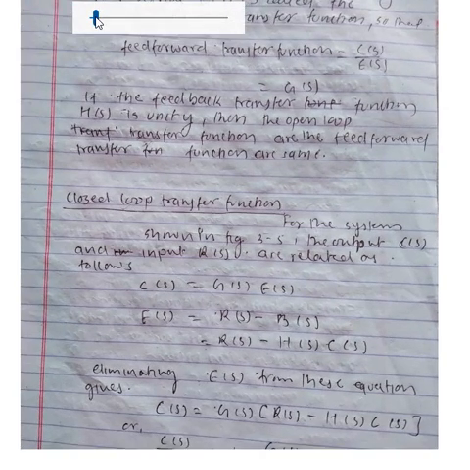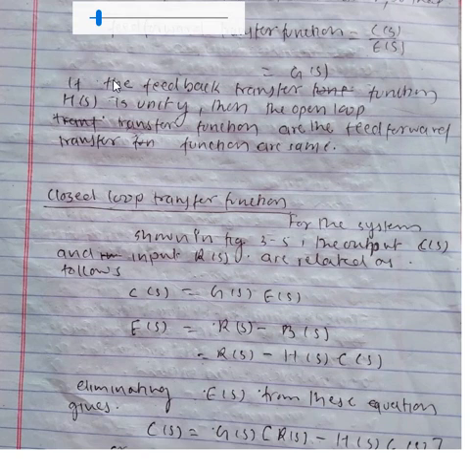That is the point I wanted to make: if the feedback transfer function H(s) is unity, then the open loop transfer function and the feed forward transfer function will be the same, because H(s) equals 1, then it will also give G(s). So I already showed you.